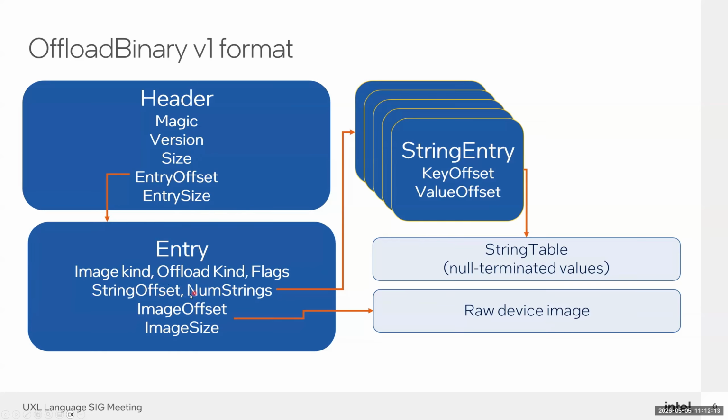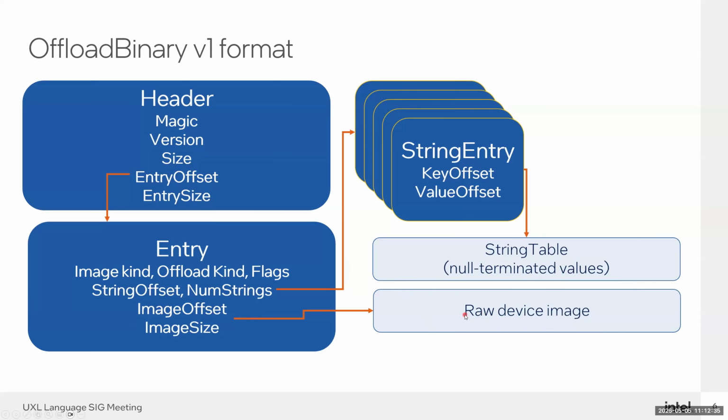It can also keep key-value pairs, like a set of string entries where you can add even more metadata in a free format, and then an offset to the image, which is anything you want to put there.